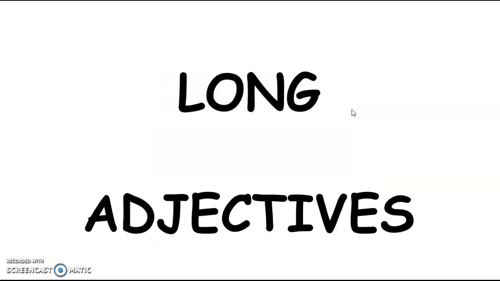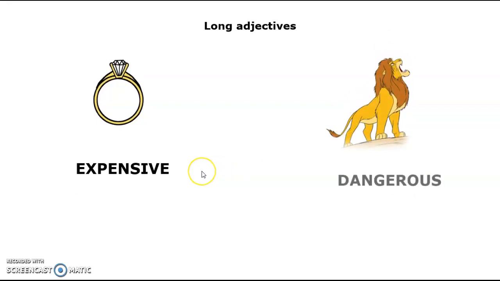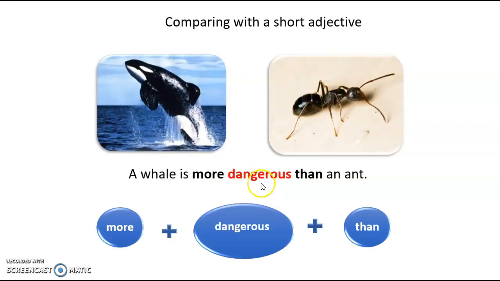So let's see what happens with long adjectives. Let's say I want to compare, okay, a word that has a long adjective like dangerous, expensive. So let's take the word dangerous, the adjective dangerous. Now I want to say that a whale is more dangerous than an ant.